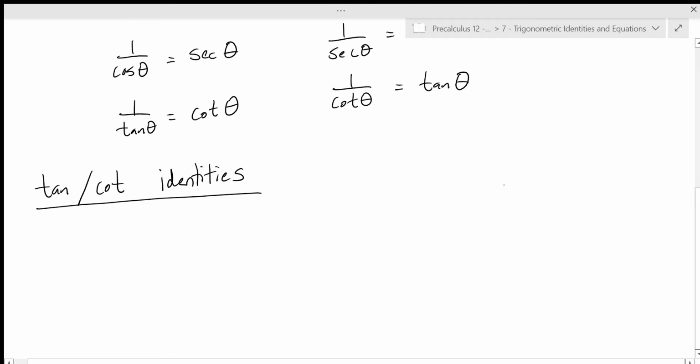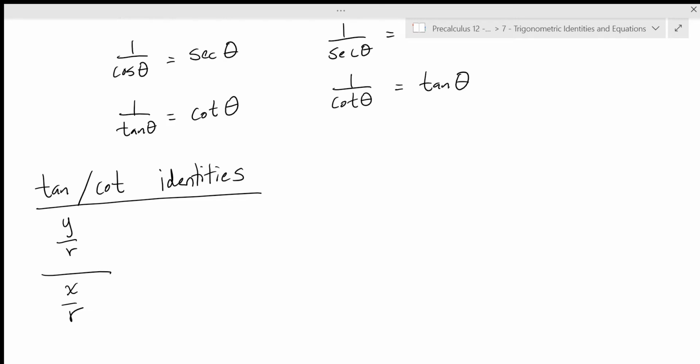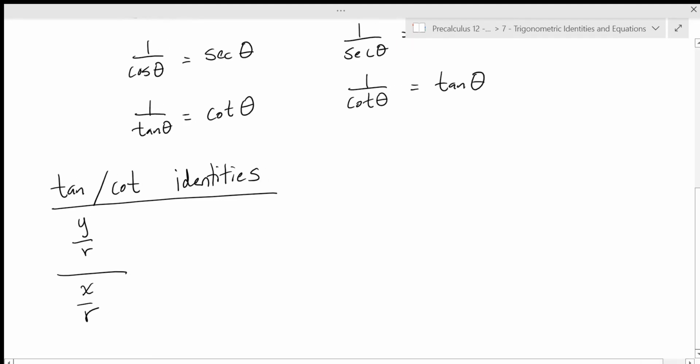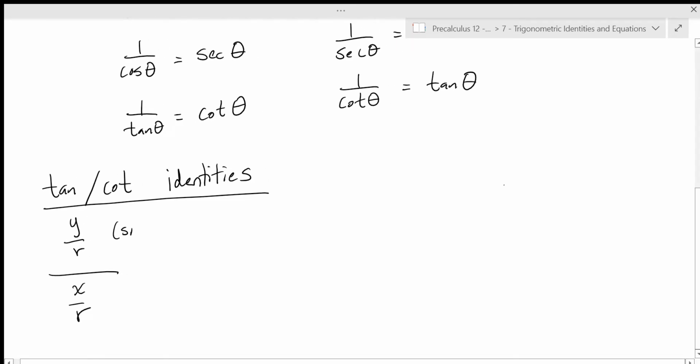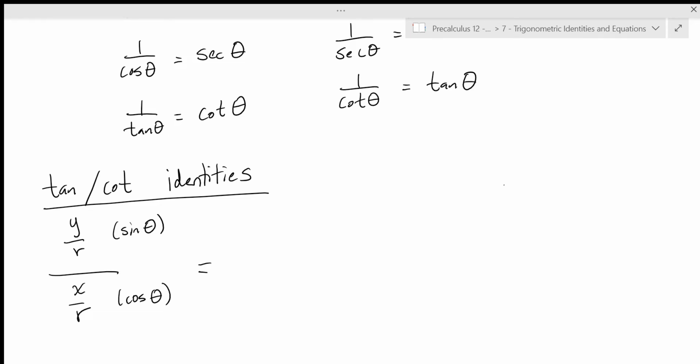We have y over r over x over r. So what I'm doing is, this is sine theta, and this is cosine theta. So I'm going to simplify this. I get y over r divided by x over r.